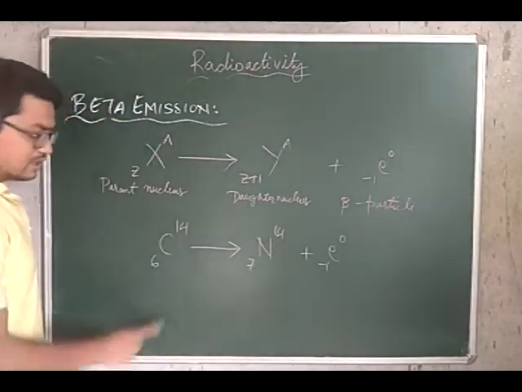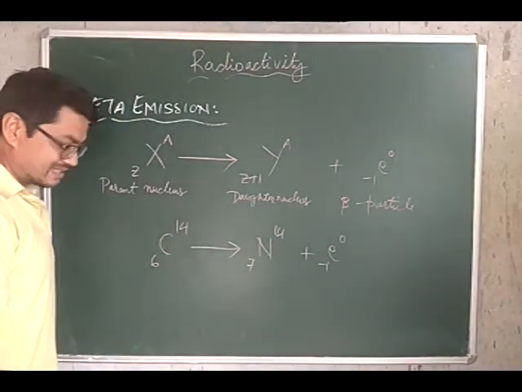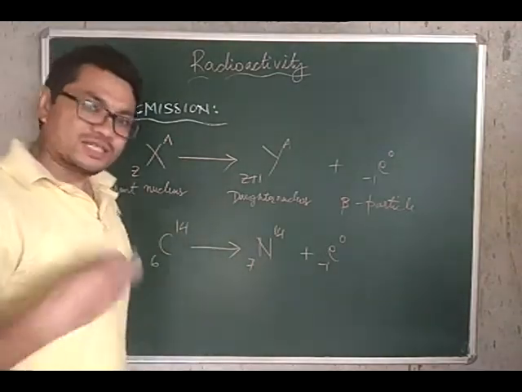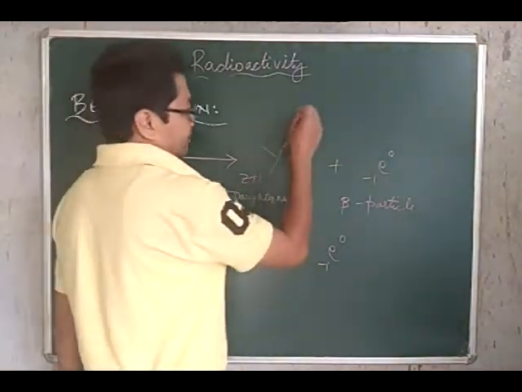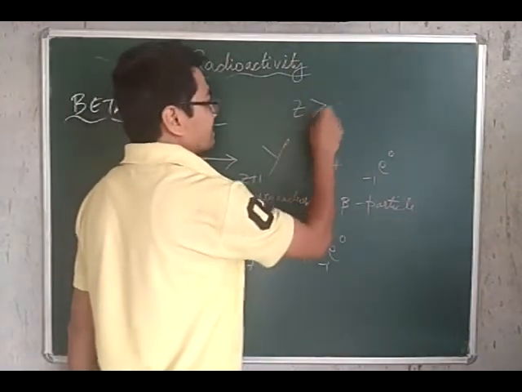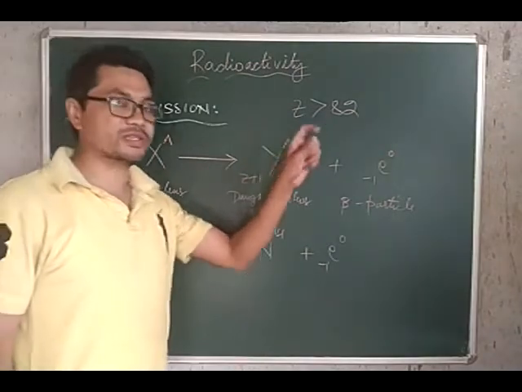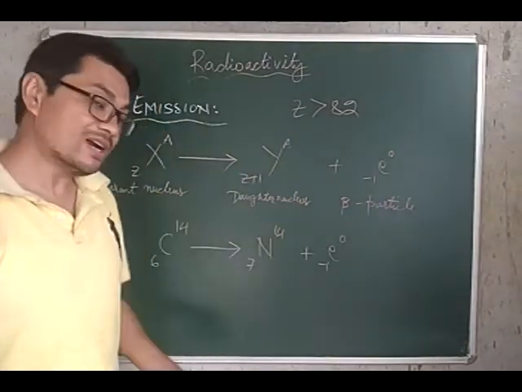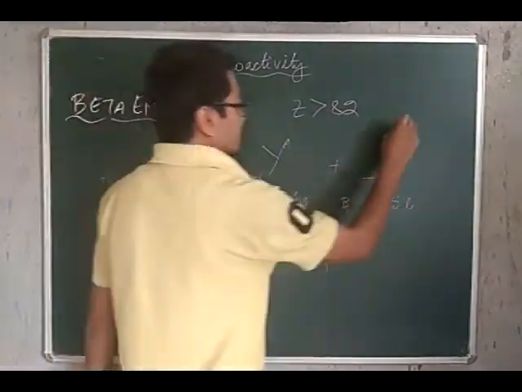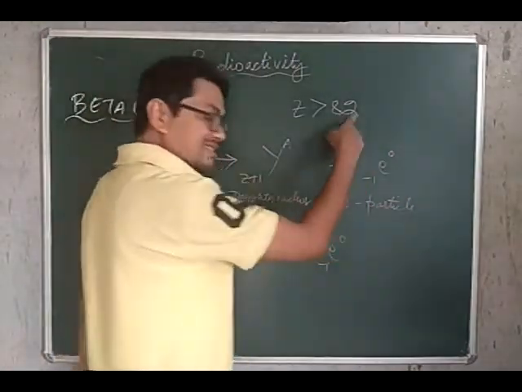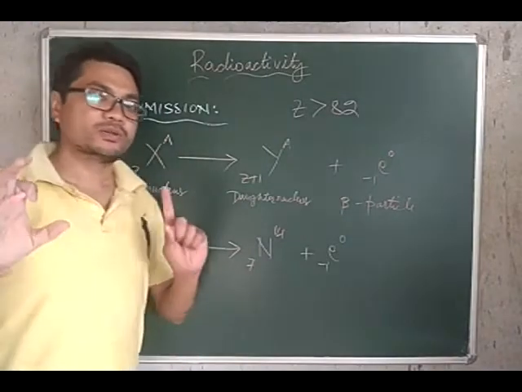For example, we have 14C6. This is the radioactive isotope of carbon, remember. I had told you that elements having atomic number greater than 82 are radioactive. Most elements having atomic number greater than 82 are radioactive. But there are exceptions, in which case elements having atomic number lesser than 82 are also radioactive.